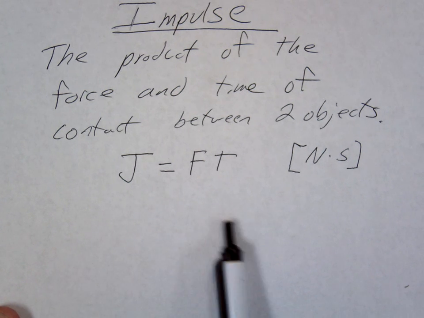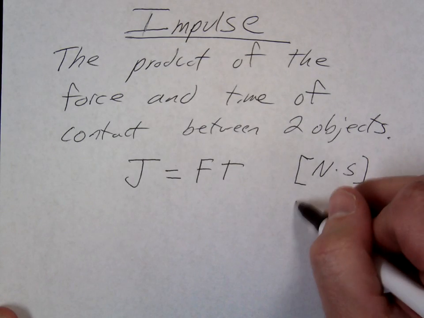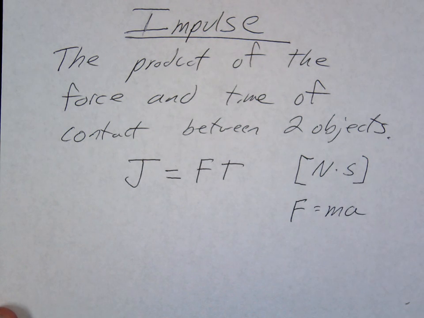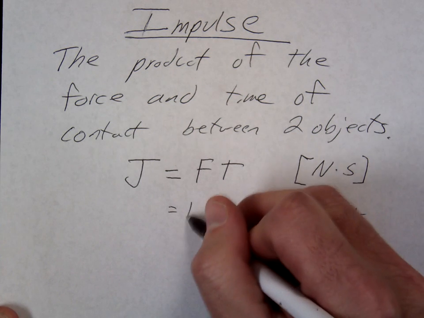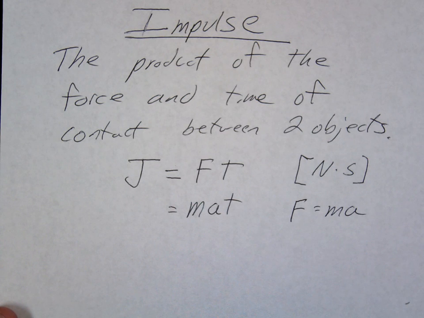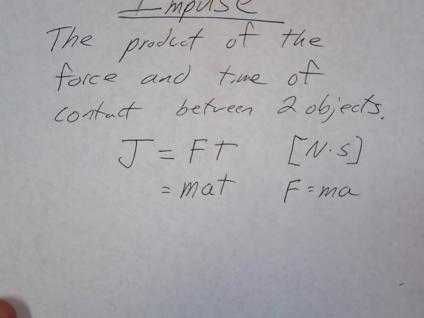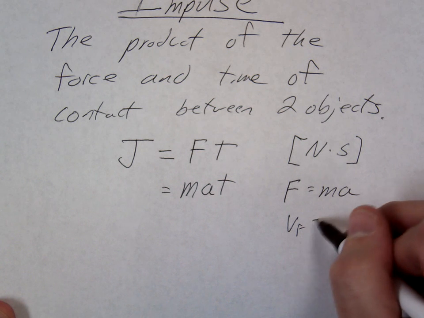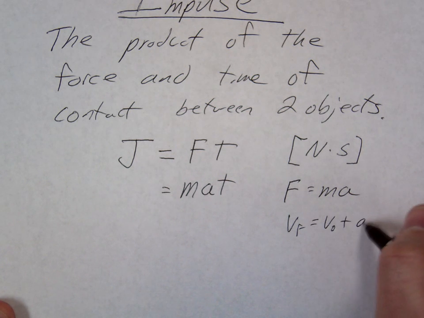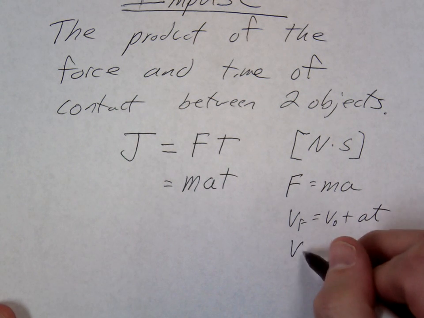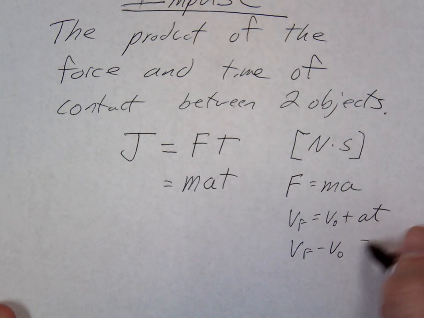Okay, let's expand this a little bit. One of our big equations for the year is F equals ma. Let's substitute that in. So we could also write impulse as mat. Another one of our big equations is one of our kinematics, Vf equals Vo plus At. If we rearrange that, we get Vf minus Vo equals At.